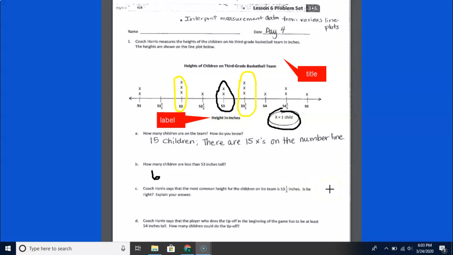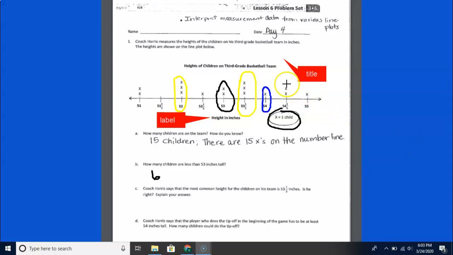D. Coach Harris says that the player who does the tip-off in the beginning of the game has to be at least 54 inches tall. So let's find 54 inches on our number line. How many children could do the tip-off? Well, in order to do the tip-off, you have to be 54 inches tall and higher.